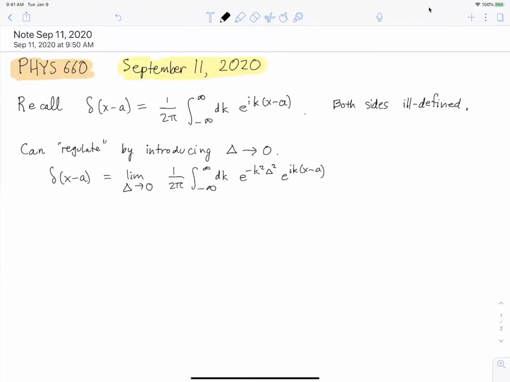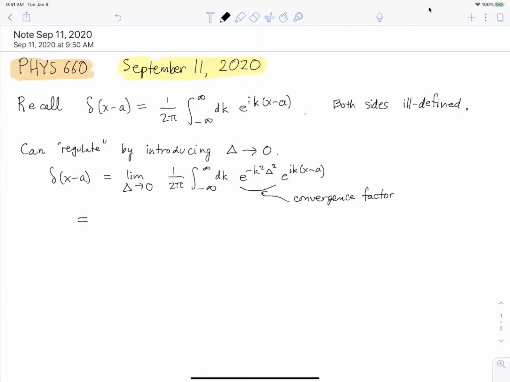If delta is going to 0, then this thing is just going to go to 1, and so we haven't really done anything. But for any non-zero delta, what this factor does is it makes the integral converge. So we can label this as a convergence factor. And then by taking the limit, it goes away. But before taking the limit, it's useful because now the integral does exist.